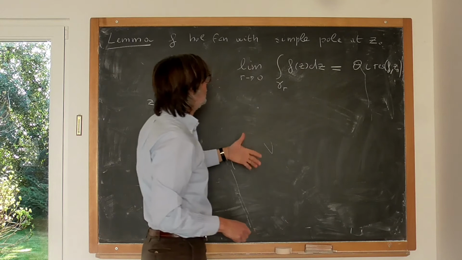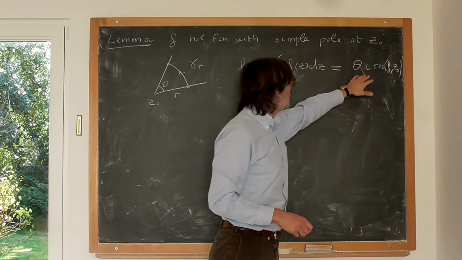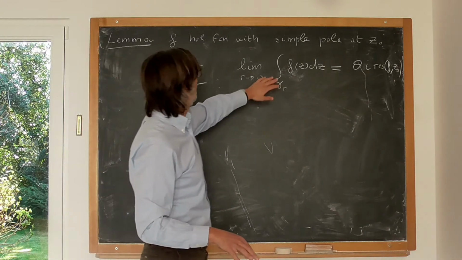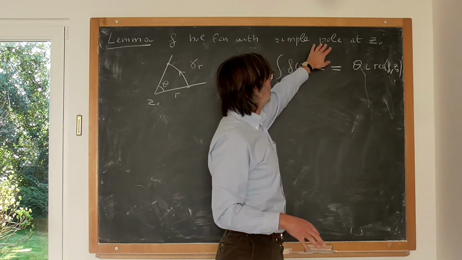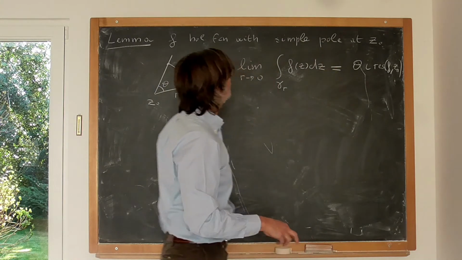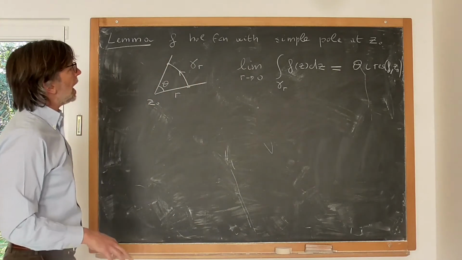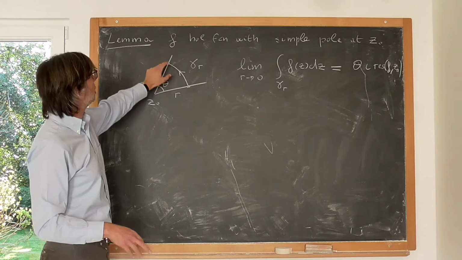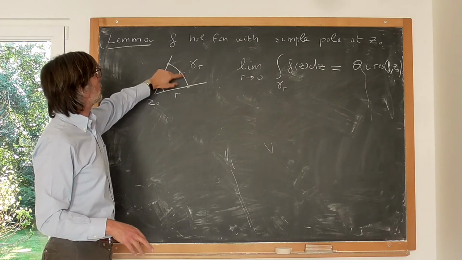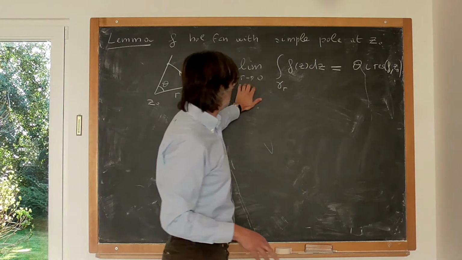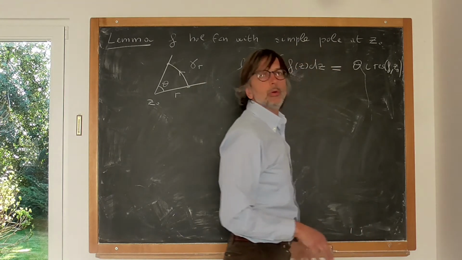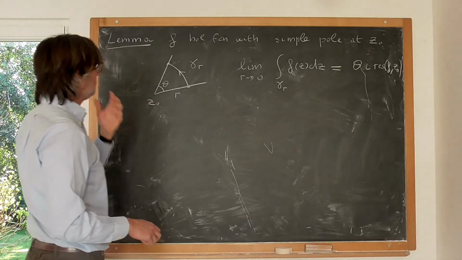In that case, actually, the integral equals this quantity for every r, and in that situation the information that the pole is simple is also not relevant. This could be any isolated singularity. And instead, for an open arc, for a non-closed arc, it's important to take the limit, and it's important to assume that the pole is simple.